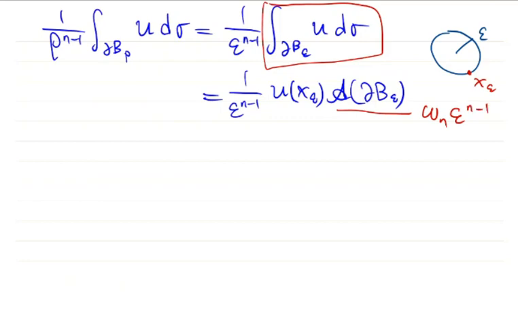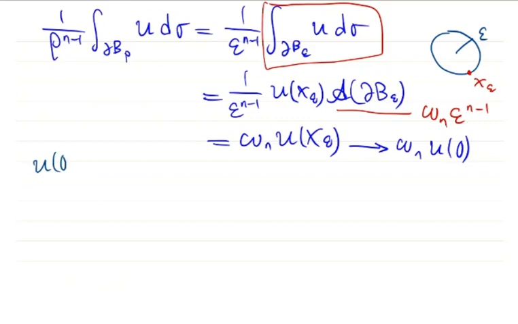So the epsilon^(n-1) cancels with the denominator in front of this, and will give us omega_n u(x_epsilon). Then when epsilon goes to 0, this will converge to omega_n u(0). The left hand side does not depend on epsilon, so we let epsilon go to 0. We obtained that u(0) is the mean over the sphere. So we proved this equality.